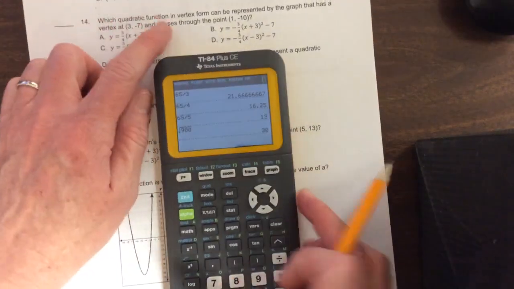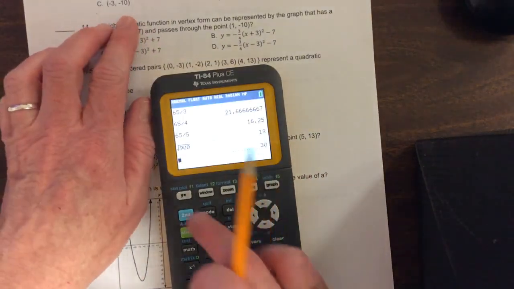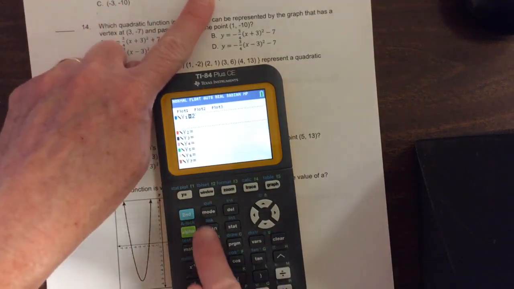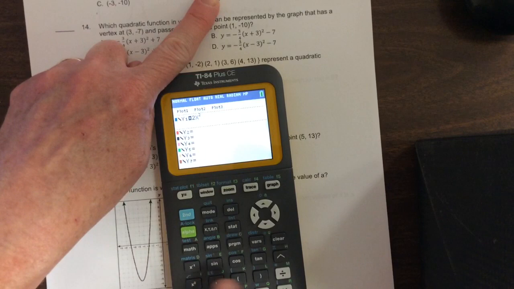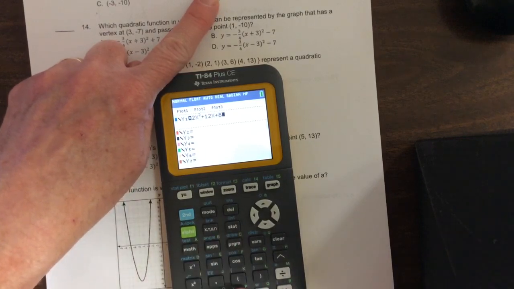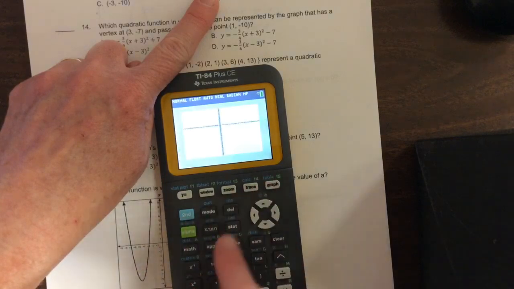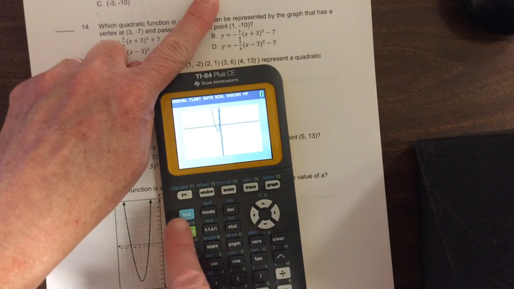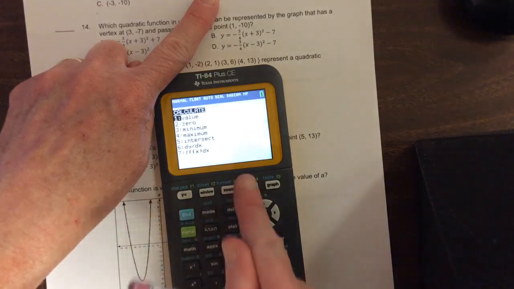What is the vertex of the graph? Okay, here we go. I'm going to hit y equals, clear. I'm going to put in the equation 2x squared plus 12x plus 8. I'm going to hit graph. My graph's kind of goofy because I zoomed a minute ago. It's okay. I'm going to hit second trace.